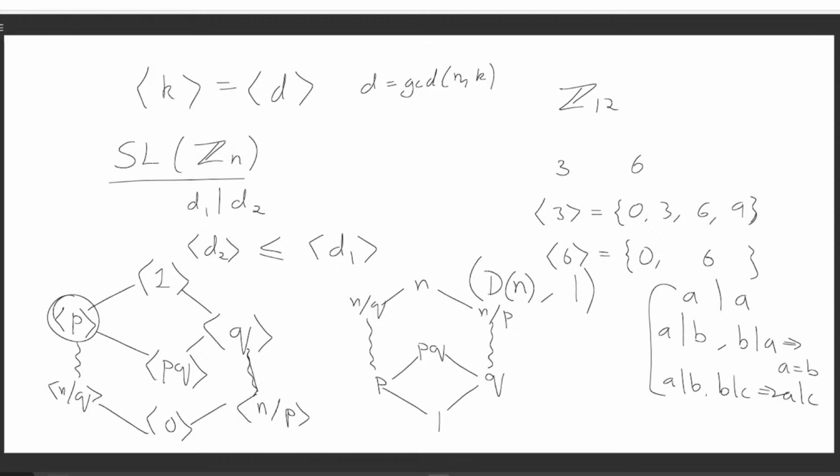So what do you see? There is a one-to-one correspondence between this and that, only that somehow the order is inverted. This corresponds to this. The subgroup generated by P corresponds to this, and so on.